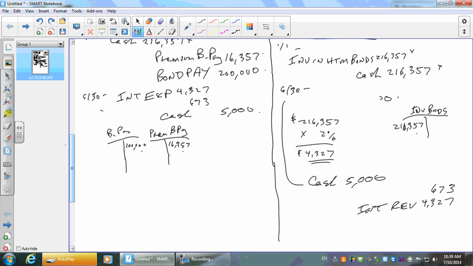What's the 673? I am amortizing what? Premium. See, my real interest expense is less than the cash. You know why? Because I've got that premium of 16,357 that's not repaying debt when I pay that money back to them at the end, right?